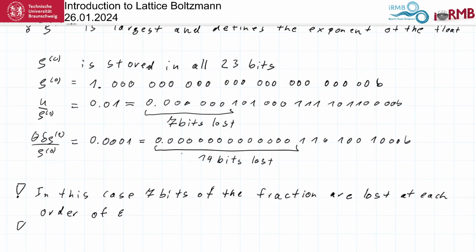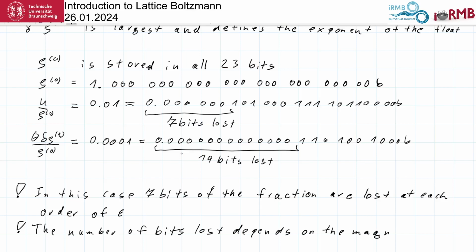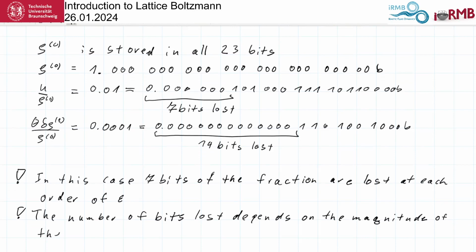And of course the number of bits lost depends on the magnitude of the epsilon 1 variables. So, for example, this is U1.